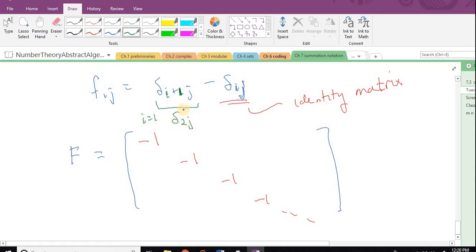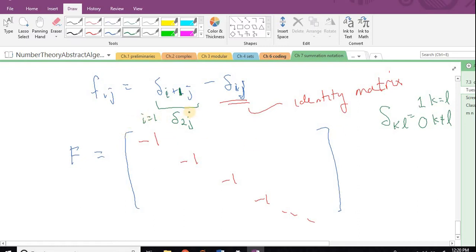Now when is delta_2j non-zero? Remember the definition of delta. Delta_KL is equal to 1 if K equals L, and it's equal to 0 if K is unequal to L.